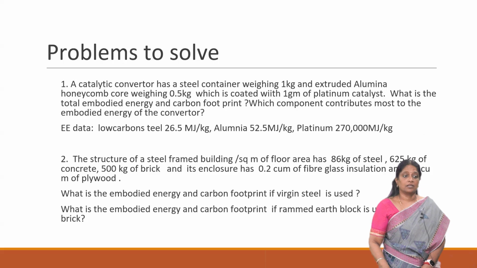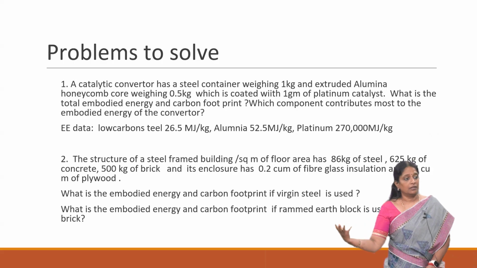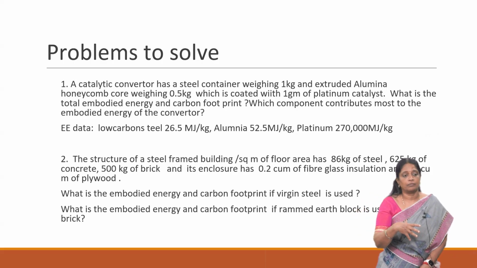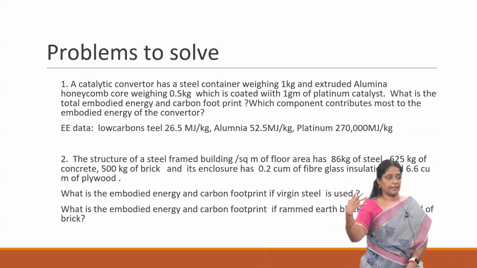All that data we may have to assemble to find out the embodied energy during the manufacturing stage. Then you know the masses, and you will be transporting it to a car manufacturing facility. That gives you the embodied energy required for transportation from the production site to the car manufacturing site.